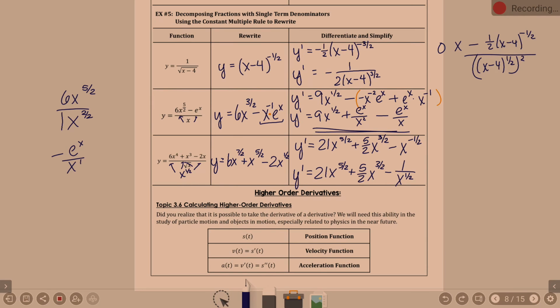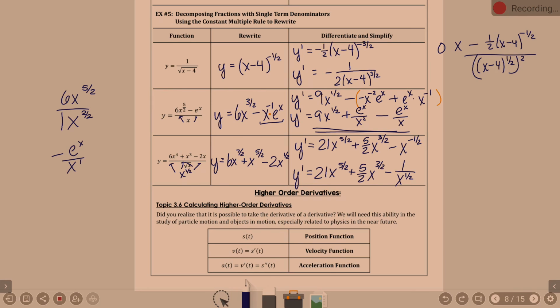No, I did 21 times. I'm looking at the wrong thing. I did 6 times 7 halves. So I got 6 times 7 is 42. 42 divided by 2 is 21. I did the 6 divided by 2 is 3, 3 times 7. And that works too.